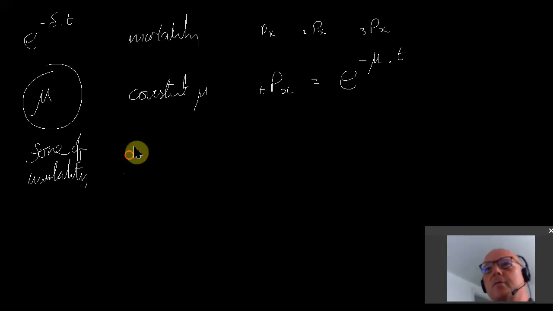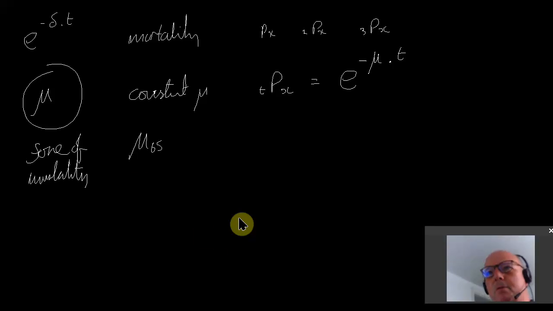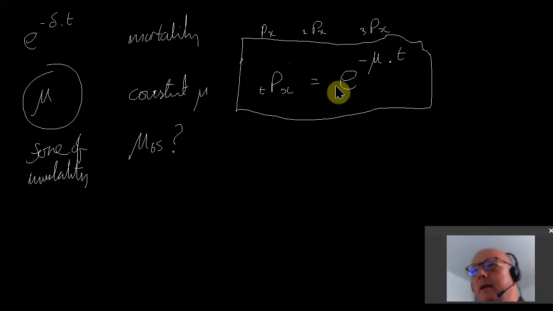So that sort of means the notation develops to mu 65, for example. If we want to know what mu 65 is, I only remember the formula one way around. Because mu is an exponential decay, its place is to be here in the exponential.